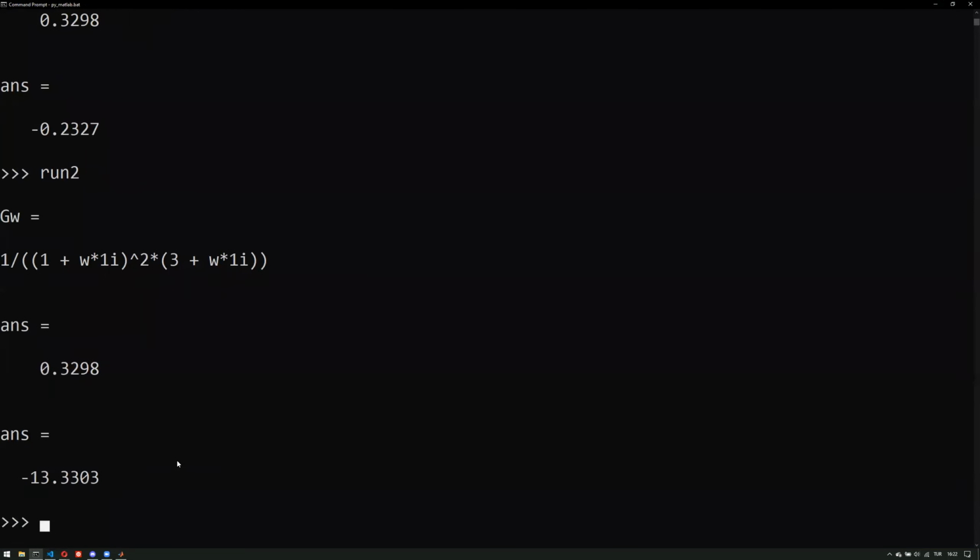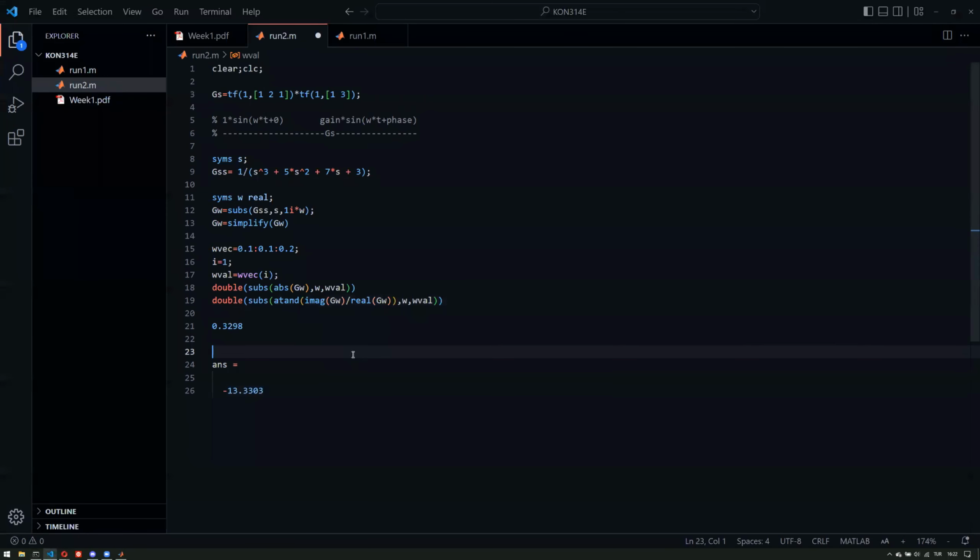So this means that if we apply a sine wave, sine 0.1 times t, omega t, the output will look like 0.3298 times sine 0.1 t minus 13.3303. So this is the information that we gather.